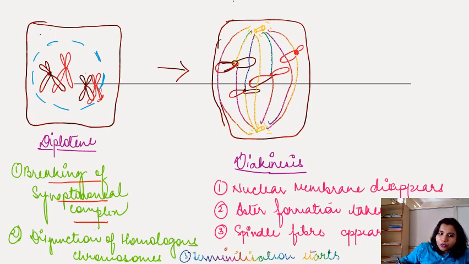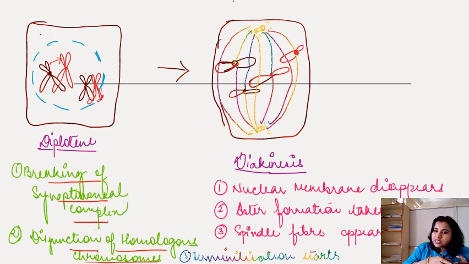Or it gets removed. And as a result, disjunction or separation of homologous chromosomes takes place. You can see these chromosomes are separated. Only they are tied at the crossing over part. But the rest of the chromosome is getting separated because there is a removal of the synaptonemal complex, right? That is what is taking place in diplotene. You can expect a question here: in which stage does the removal of synaptonemal complex take place?